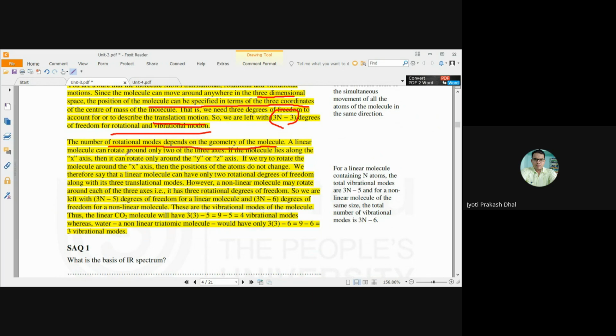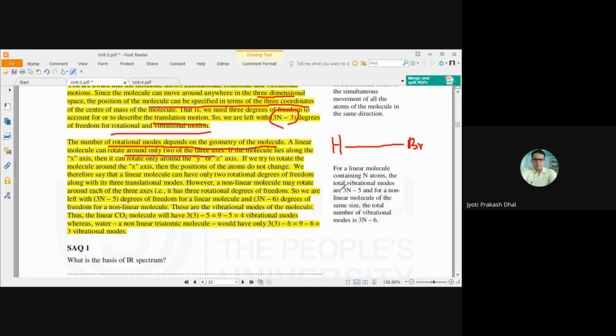A linear molecule can rotate around only two of the three axes. If the molecule is linear, suppose we are considering the HBr molecule. The HBr molecule is a linear molecule, and let the bond between the hydrogen and bromine atoms lie on the x-axis.